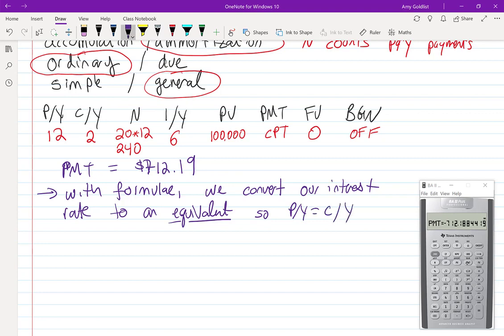So what I would do here is I would say I've got J2 equals 6%. And I want to convert to J12 equals something. I'm going to do that.